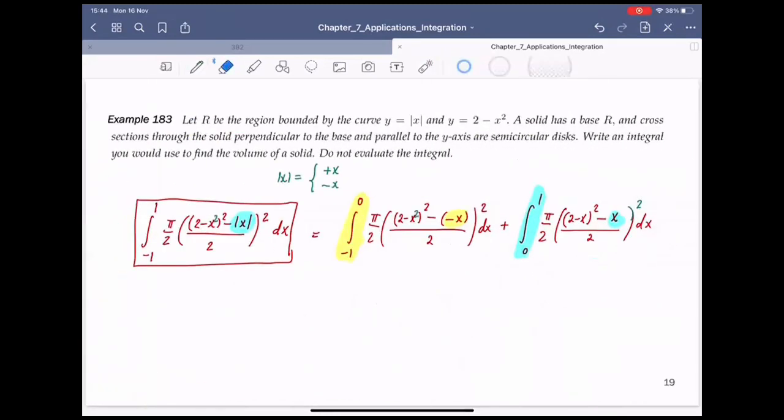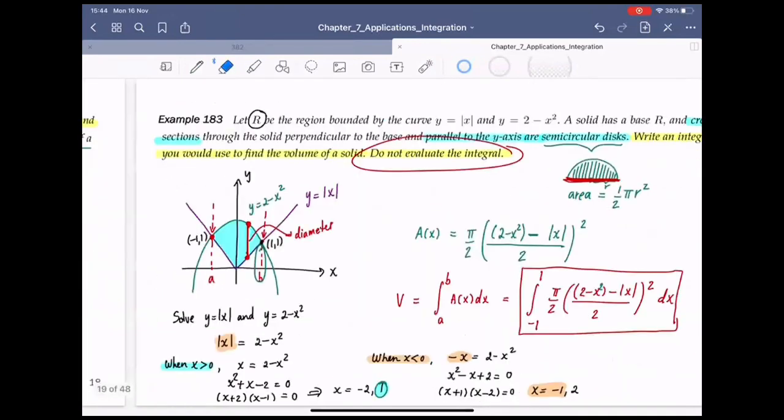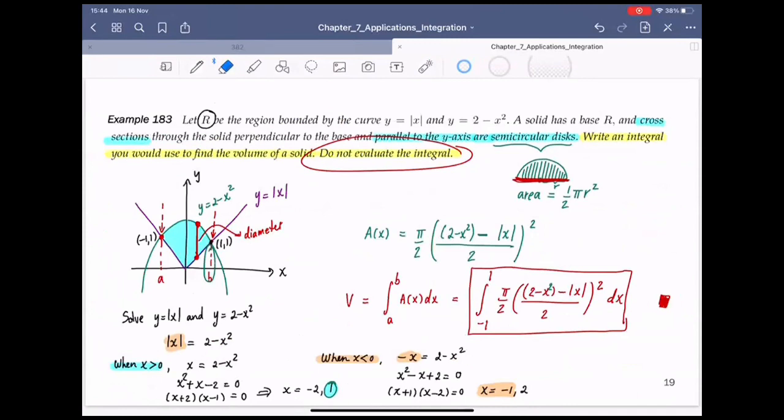I just copied it wrong from the question. The function must be 2 minus x squared. Good job, Napat.